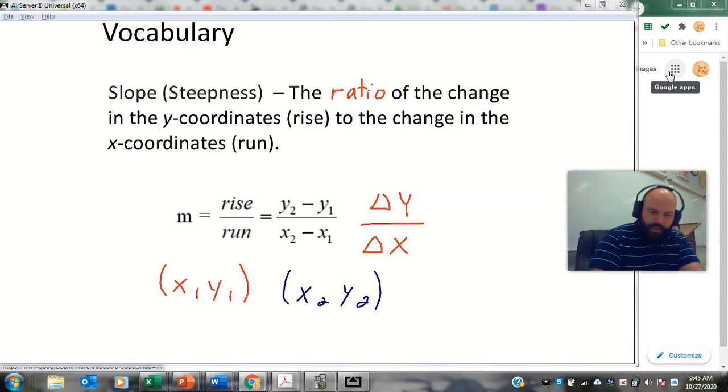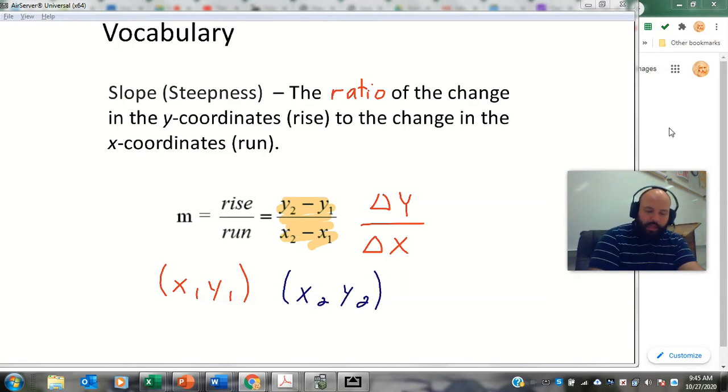So as you can see in this first one, this is the first ordered pair, so it's called x1 and y1. This is the second ordered pair, so it's called x2 and y2. And so once we establish which x we're talking about and which y we're talking about, you can plug them into the formula that we have right there, which is simply y2 minus y1 over x2 minus x1.